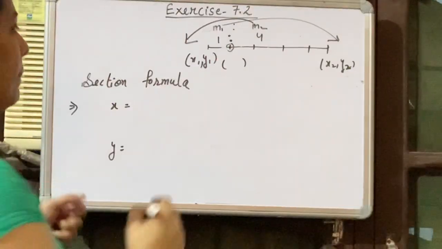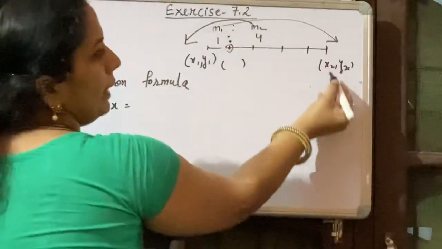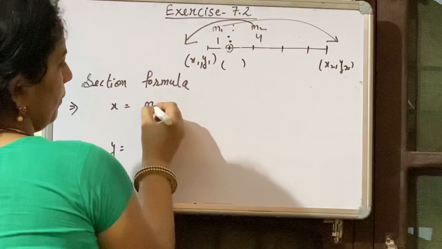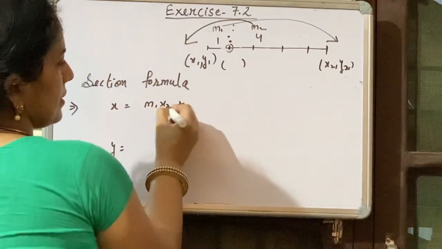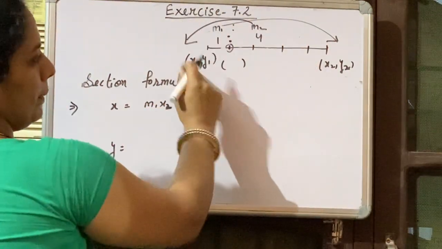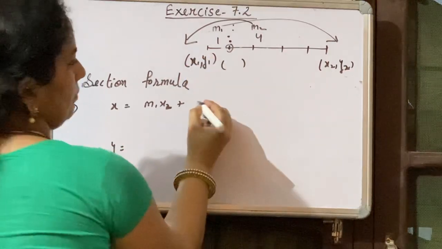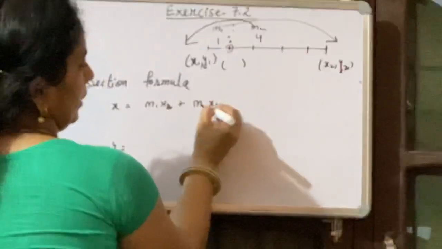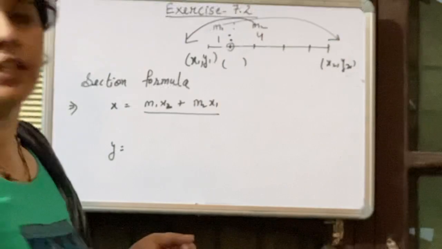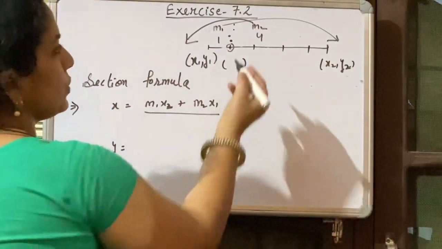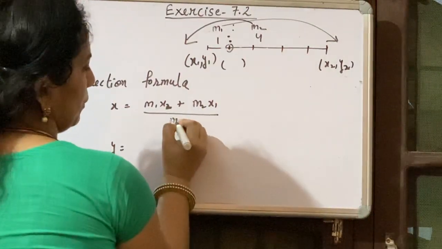Then the formula will be m1 multiply x2 plus m2 multiply x1, and divide by the sum of the ratio. The ratios are m1 plus m2.